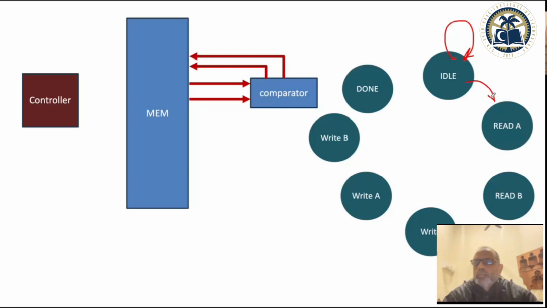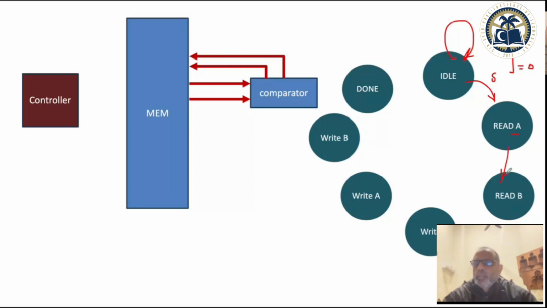Once it says go sort, you come here and you read the first value in A register. Here you have to generate all the appropriate addresses, which is one address, apparently the J variable, which starts from 0. Then you increment, then you say write.